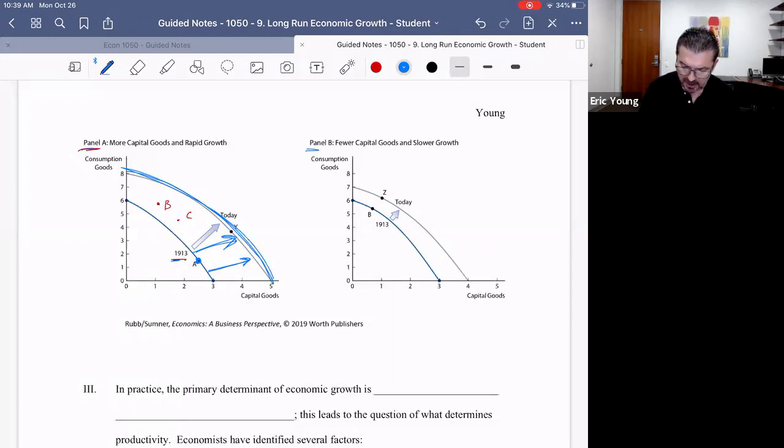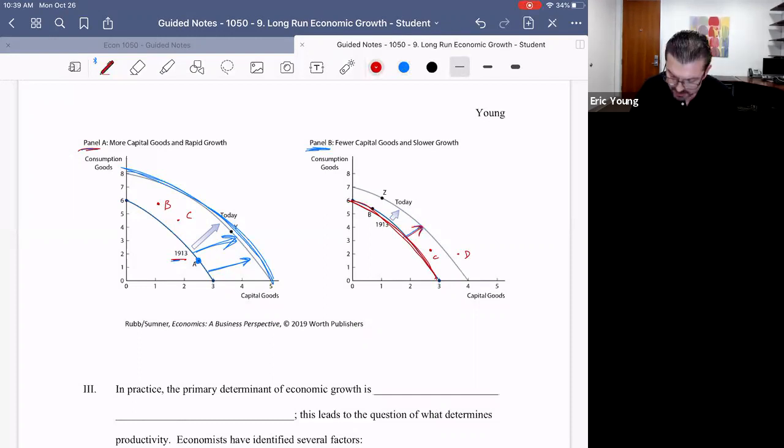Okay, notice here, and we'll get back to this, panel B also shows the same thing, but notice that in panel B, the growth, the shift, was smaller than over here in panel A. This means, for example, let's say that we had right here point C and point D. In 1913, point C and point D were both impossible. The economy did grow.